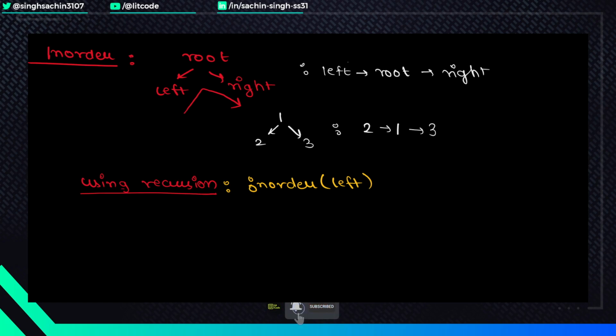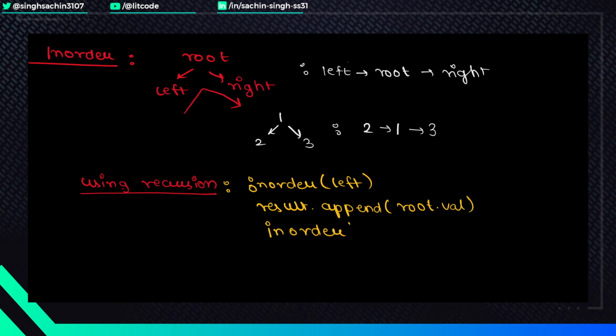Once it is all processed, we'll come to the root node. For that, I'll maintain a resultant array in which I'll append the value of the root node. After this, we'll again call the inorder recursive function and pass everything on the right. These are the three simple steps we are going to do.